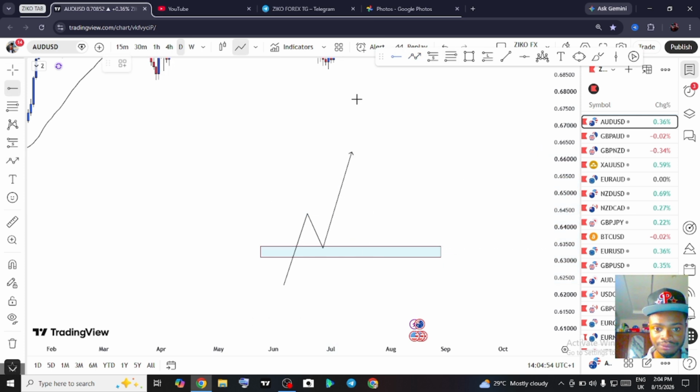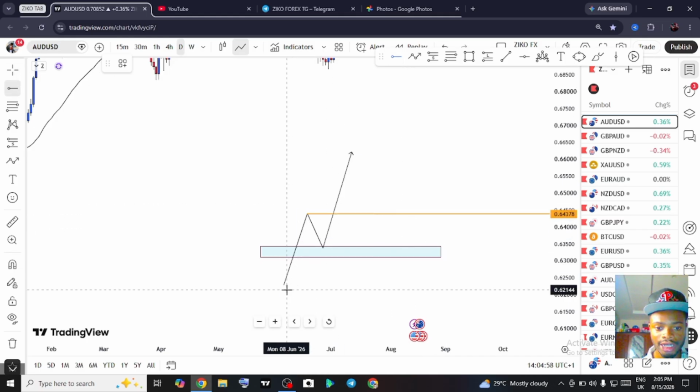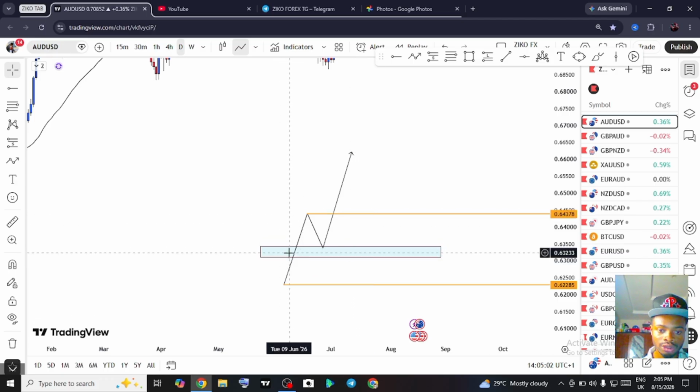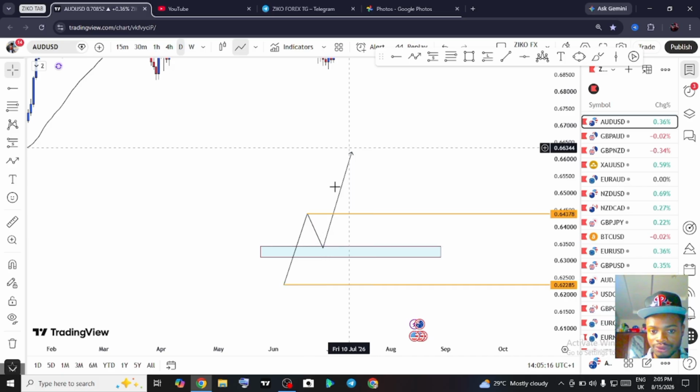So this right here, higher high, higher low, right here, right? So an area of interest should be drawn within the higher high and the higher low, so that we can have a retracement to the area of interest in order to buy, right?